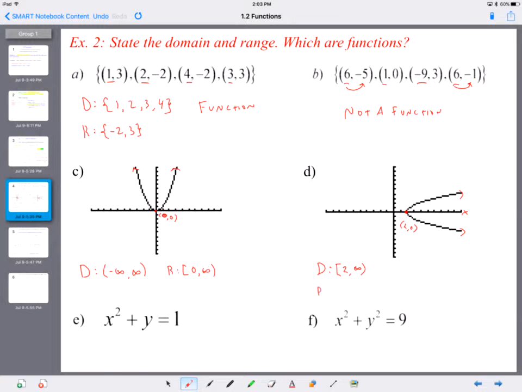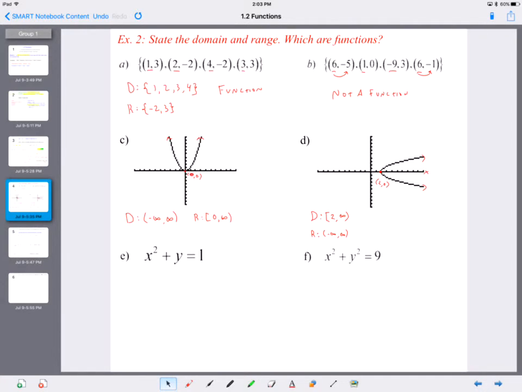And then your range on this one, how far down does it go and how far up does it go? Well, once again, it's a parabola, so it's going to continue to open. So your range is all real numbers. And we use parentheses with infinity when we're doing domain and range because it's not a number. And so that's more Algebra 2-ish.